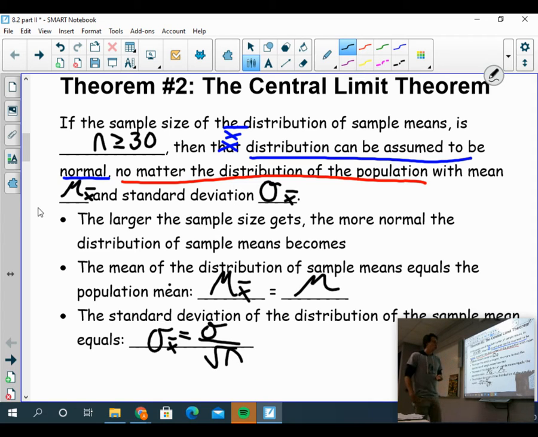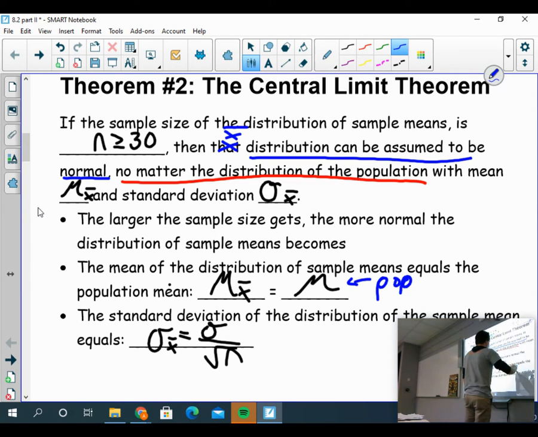normal, which means the mean for your distribution of sample means, that's mu of x bar, equals your population mean, mu. Okay, remember mu is population. Mu of x bar is your distribution of sample means, or the x bar distribution.